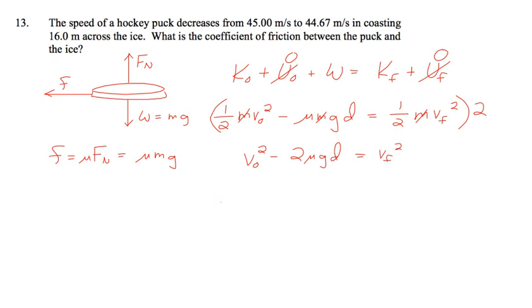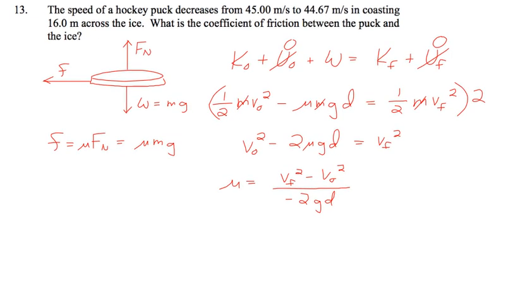So mu is going to equal Vf squared minus Vo squared over minus 2 g d. The minus has to be included because what would be left over is just this, which includes the minus, and I'm trying to isolate mu.